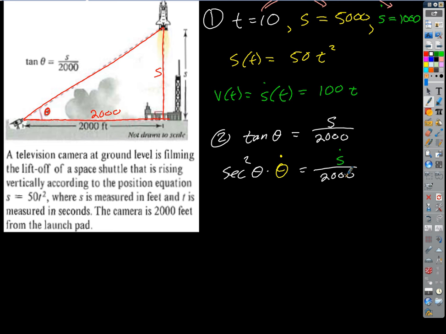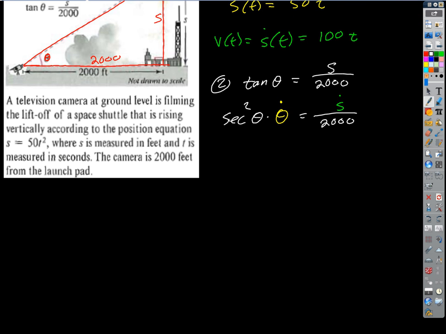So we don't even really need the s, do we? Turned out the s wasn't even important, which kind of makes sense. It doesn't really matter how tall it is. All that matters is how fast it is increasing its height above the ground. The s does come into this implicitly. You'll see. So now we have to solve for theta dot.